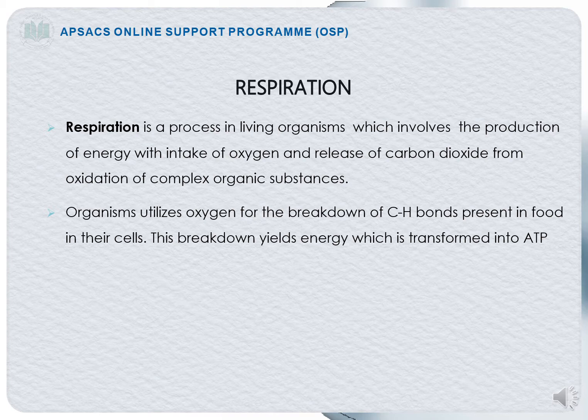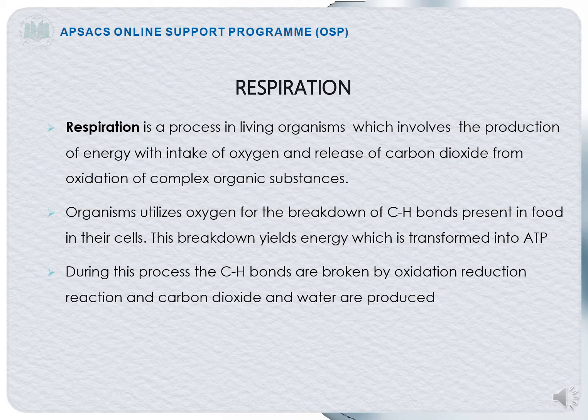So this CH bonding has to be broken down, and it is broken down with the help of the oxygen that we take in. When the CH bonds are broken down, this yields energy, and then this energy is transformed into ATP.